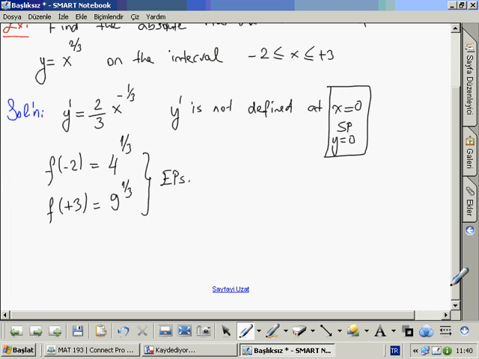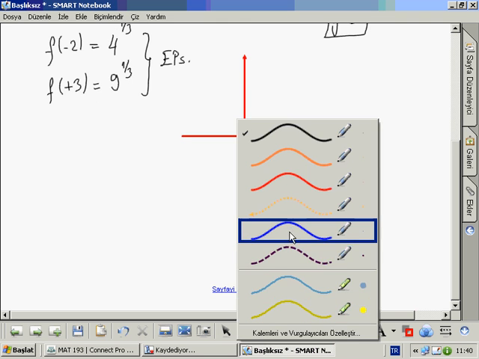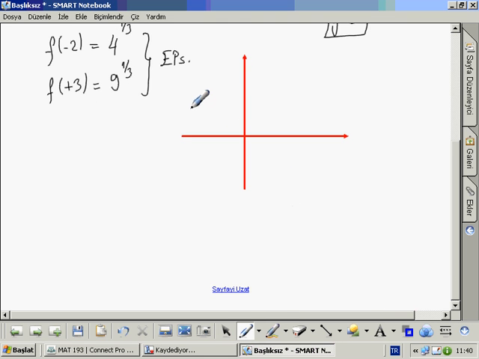And we know that for this function, these are the endpoints, -2 and +3, and here is the singular point, and we can say this point has a cusp.